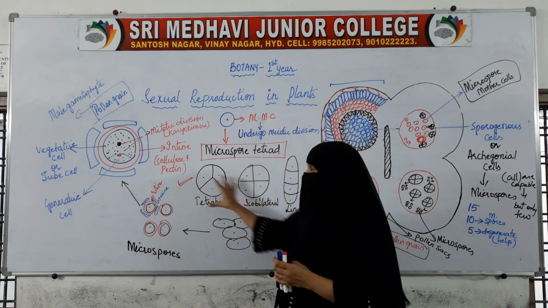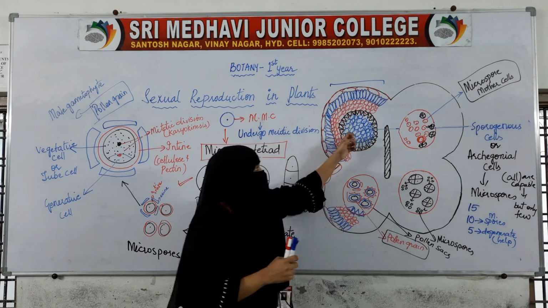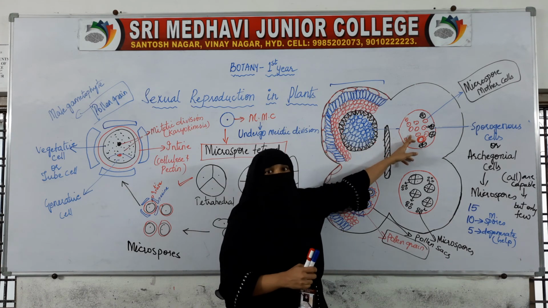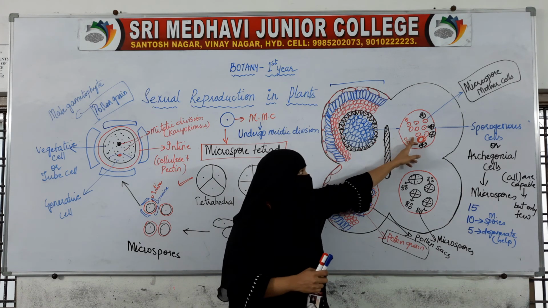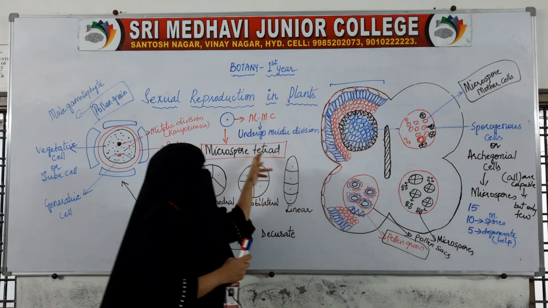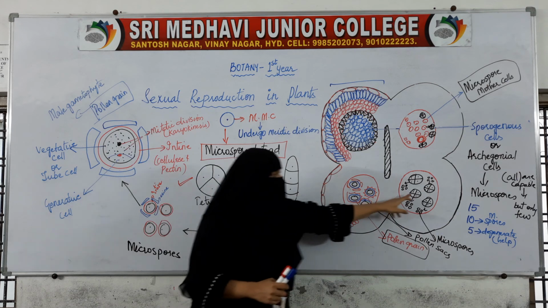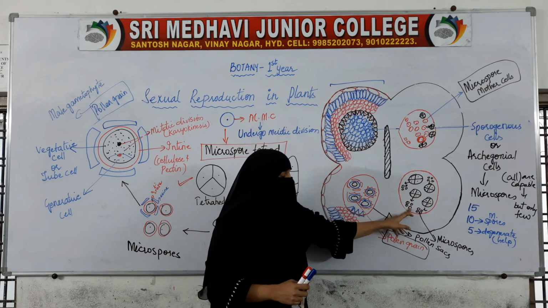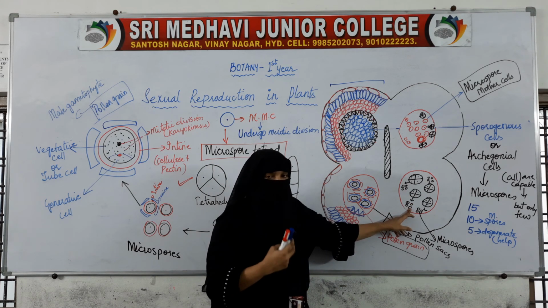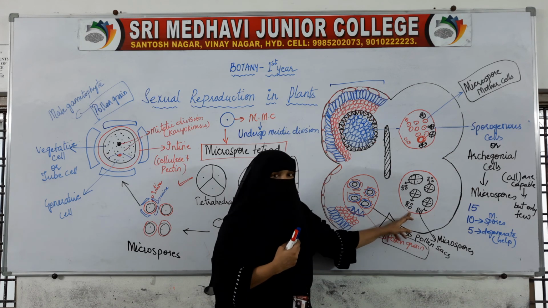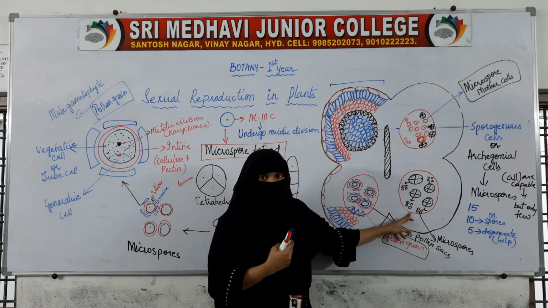Now, in this whole process the sporogenous cells have changed into microspore mother cells. These microspore mother cells have undergone meiosis and produced tetrads. After some time these tetrads separated and are called microspores.